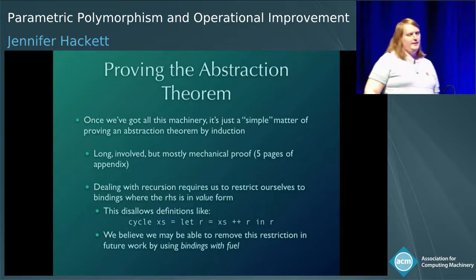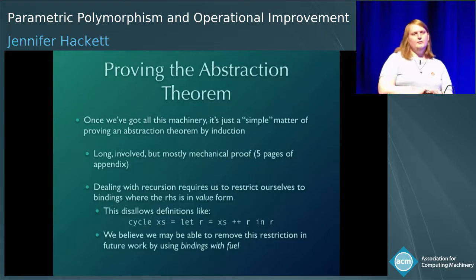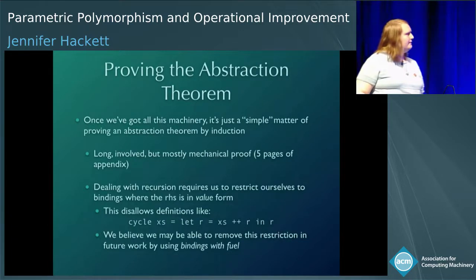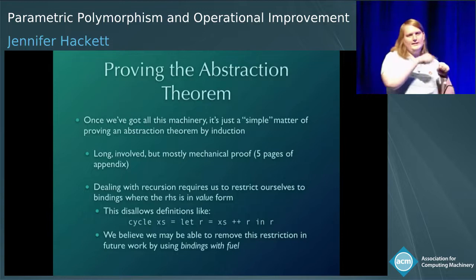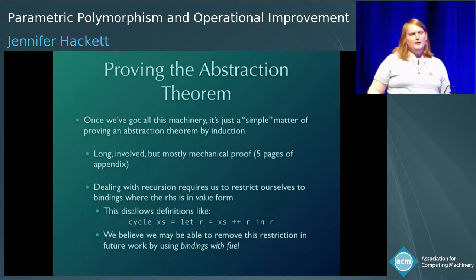But that doesn't work here, because if you think about what's going on there, you lose some sharing. And sharing is kind of important in laziness. So we think the way to get around that is to have little annotations on the bindings that basically say this is how many times you're allowed to unwind this binding. But we haven't actually got to the point where we can prove that that works.